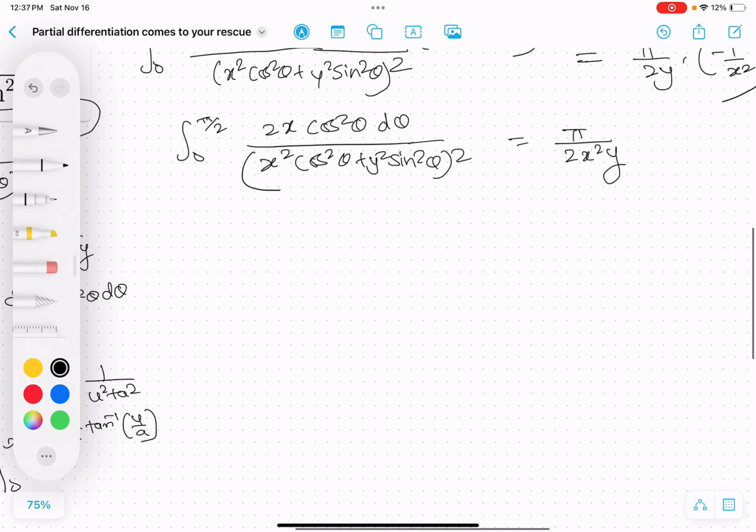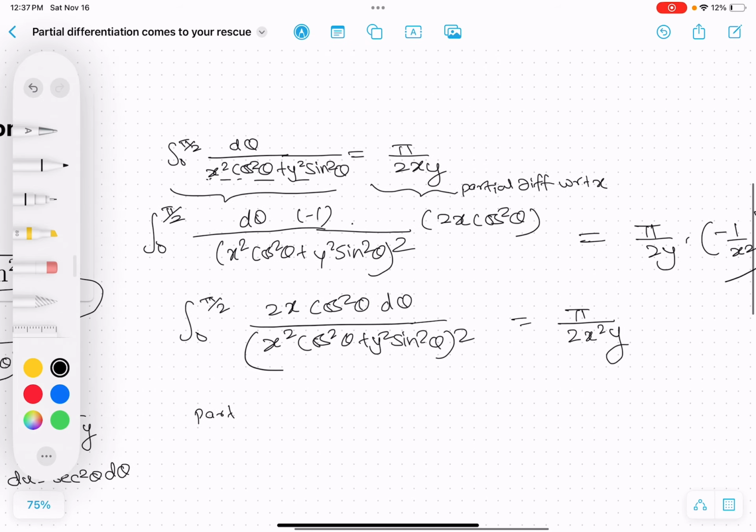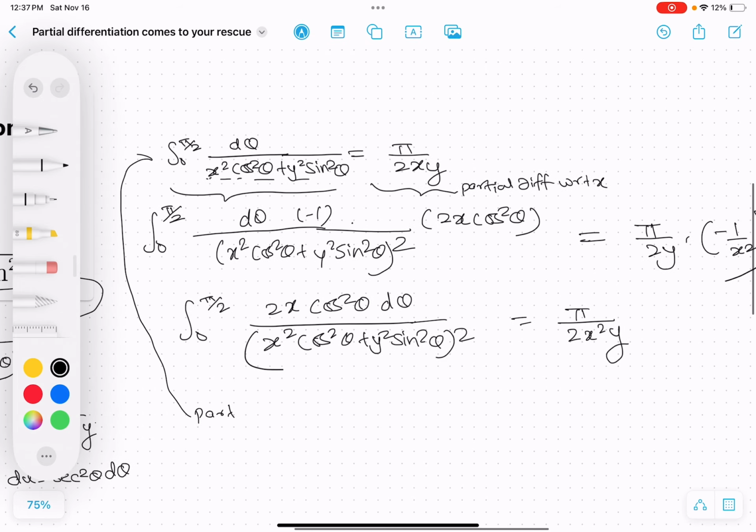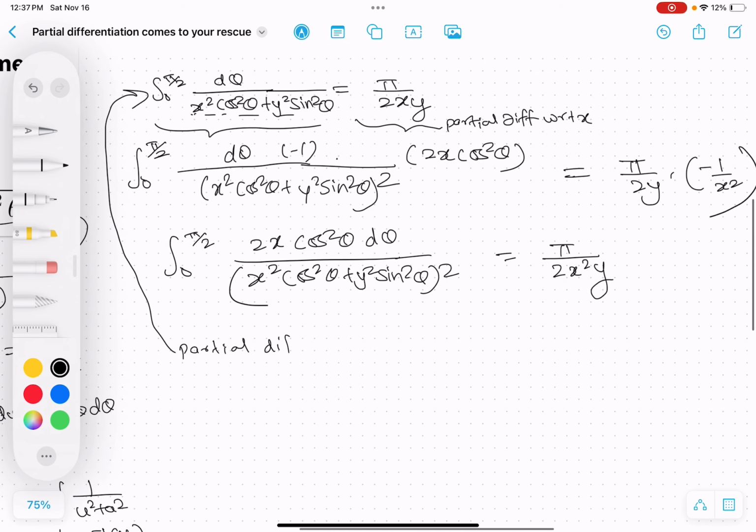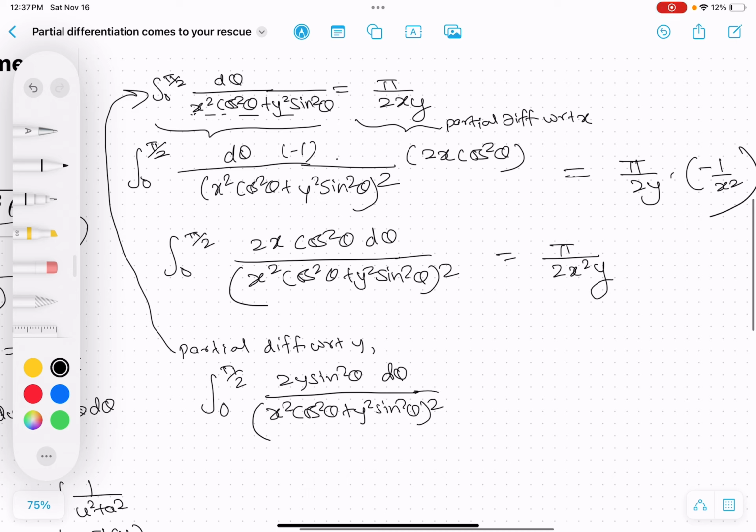Now if I had done partial differentiation of the original integral with respect to y, then what I would have got is the integral from 0 to pi by 2 of 2y sin square theta d theta divided by (x square cos square theta plus y square sin square theta) whole squared equals pi by 2xy square, right? That's the same thing. I'm just substituting x by y and y by x, right?